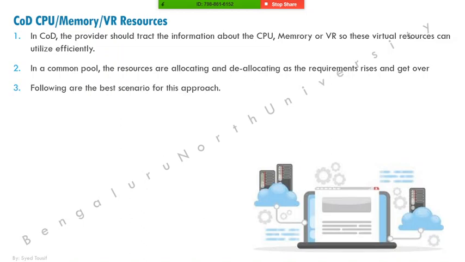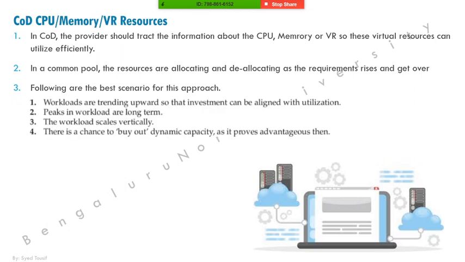Following is the best scenario for this approach: workloads are trending upward, so that the investment can be aligned with the utilization. If I track how much of the requested resources are actually utilized, and it is not fully utilized, I can deallocate and save my money, right?